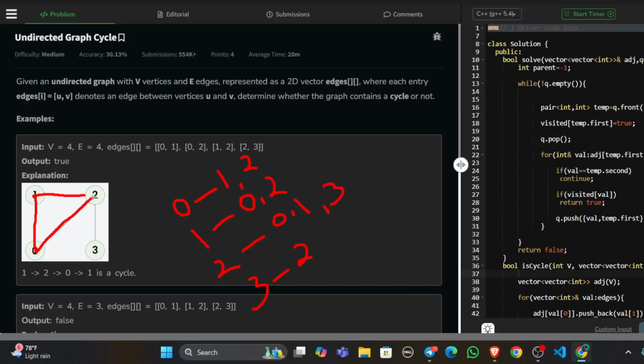Now let's discuss how we know that this is a cycle. In today's video we solve this question using BFS traversal.